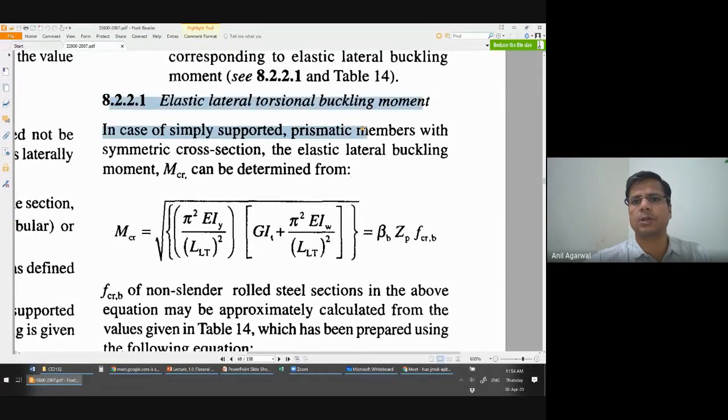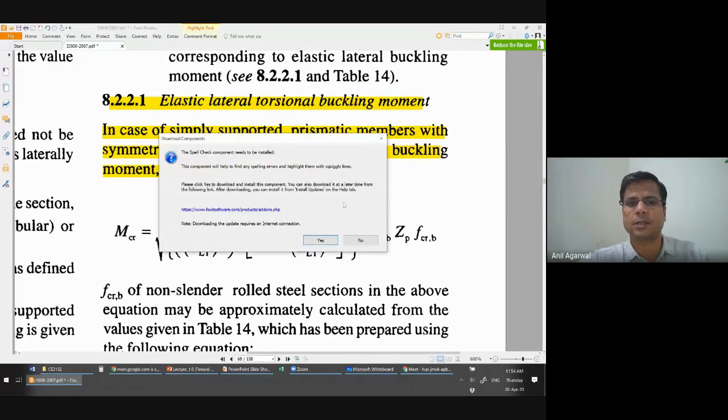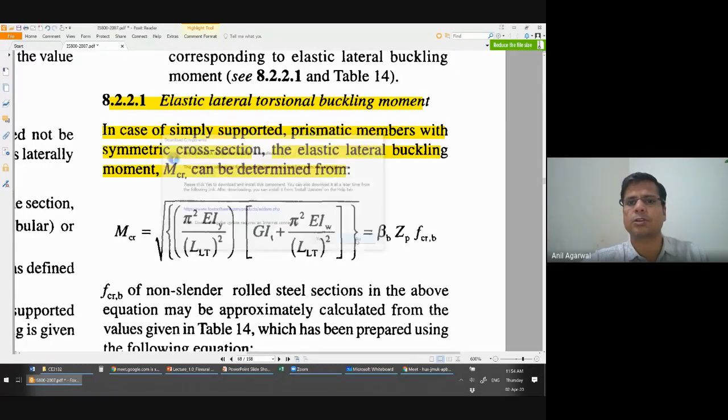Elastic lateral torsional buckling moment. So this one is under pure elastic cases. It is not a realistic case. It is not really applicable directly to any beam. It is derived only for elastic beams, and elastic buckling is very unlikely. Usually what you would have is inelastic buckling. There will be some yielding in association with some buckling.